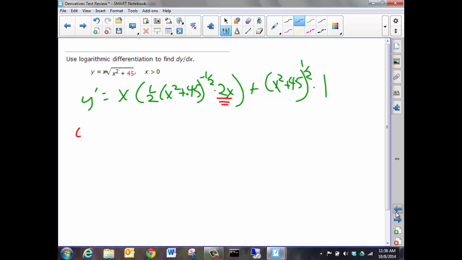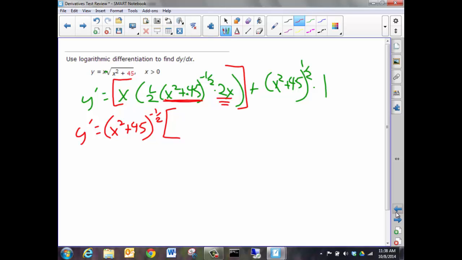So the proper thing to do at this point in time is you are going to take out this parentheses here, and how do we decide what power we take out? The lowest, which is a negative 1/2 in this case. X squared plus 45 to the negative 1/2. And when I do that, what am I left with out of this first term here?